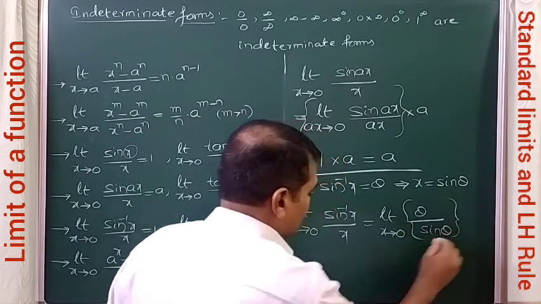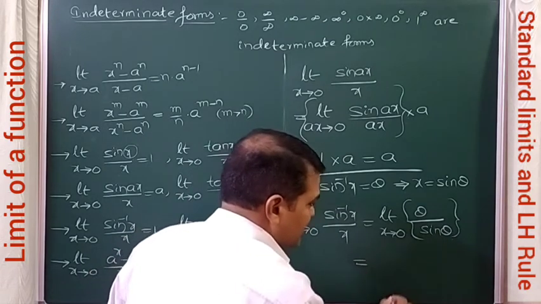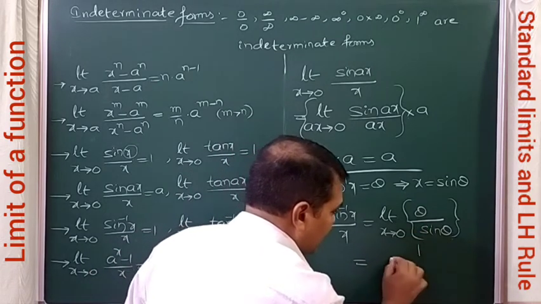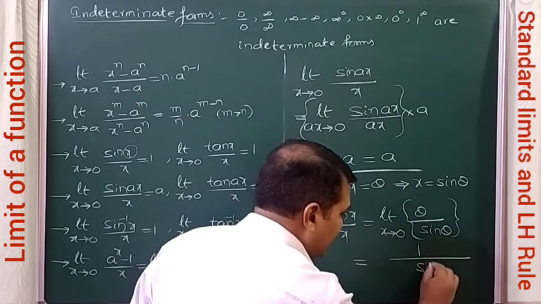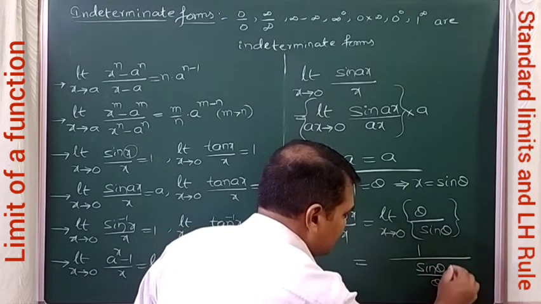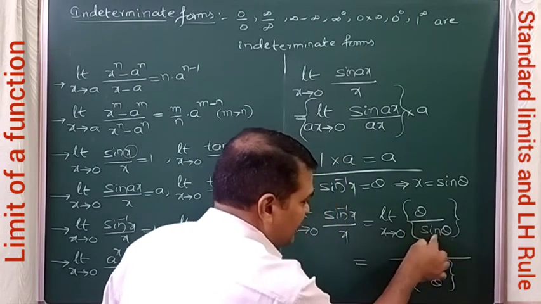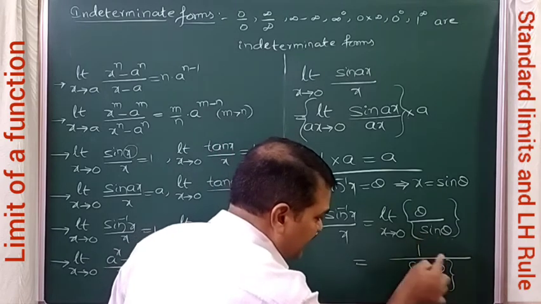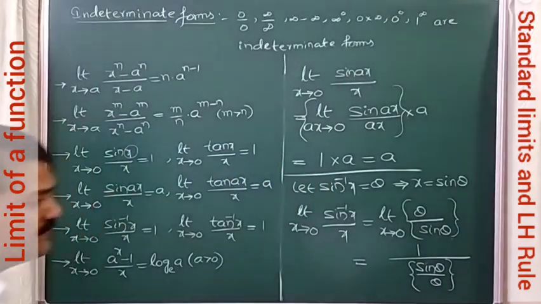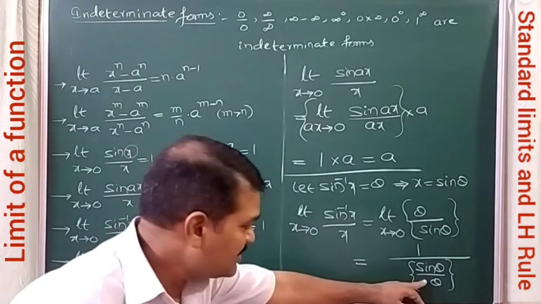Okay. Now let us write this as theta by sin theta. I can write as 1 by sin theta by theta. I can write like this. Theta by sin theta, we are writing as 1 by sin theta by theta. So now, can we use the standard limit?